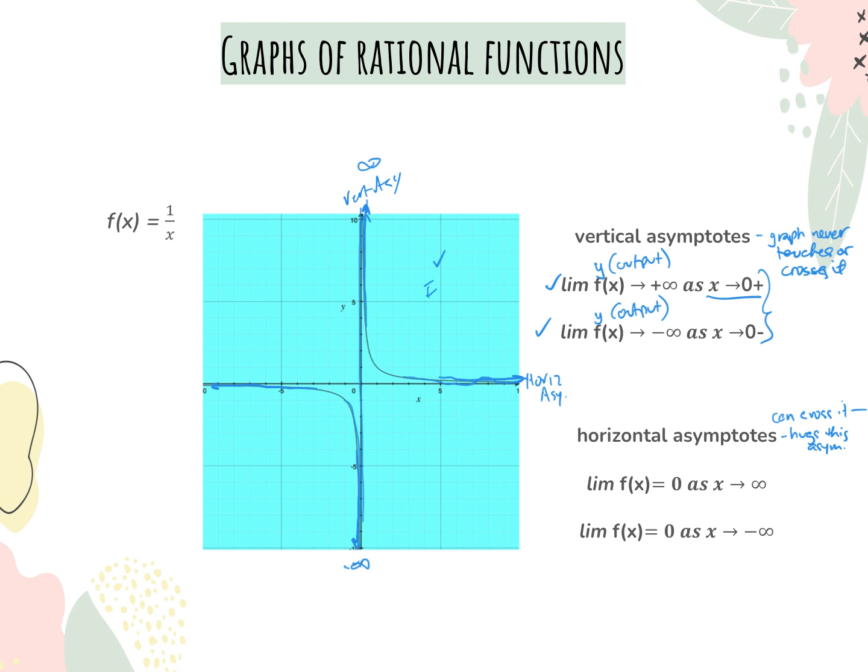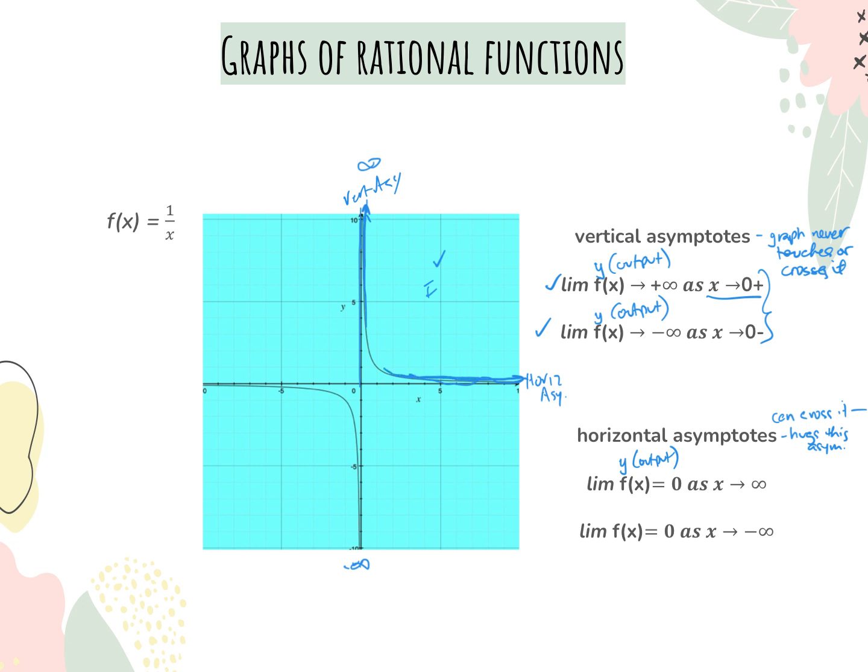Now, the horizontal asymptote says, again, as your y value or your output approaches 0, your x is approaching positive infinity. So this is the bottom one we're looking at now. Let's look at where my output is approaching 0. My y values are approaching 0. Well, that's, for example, over here.